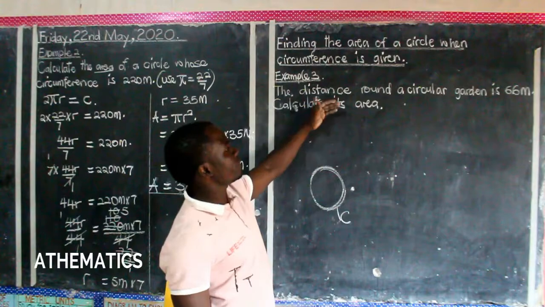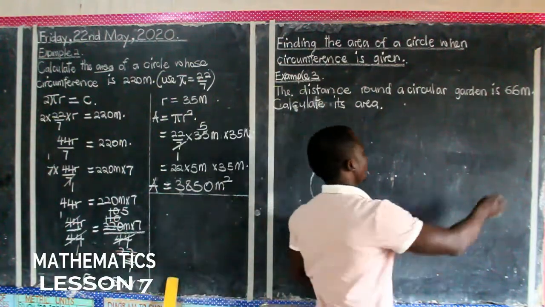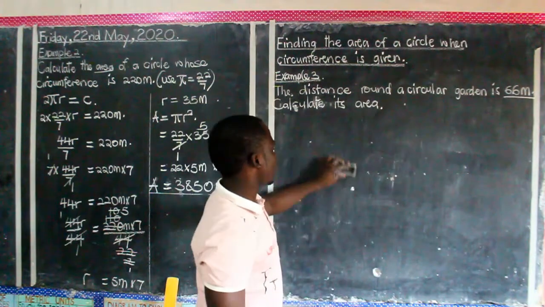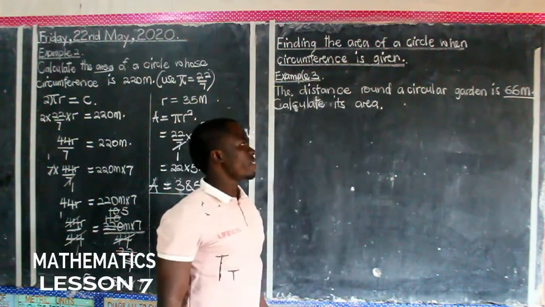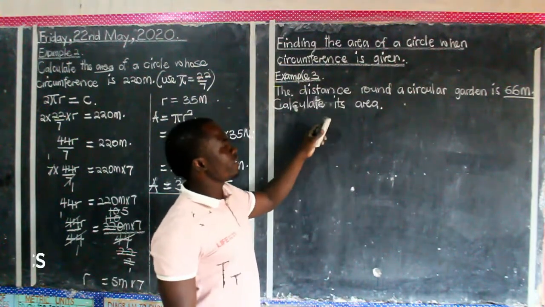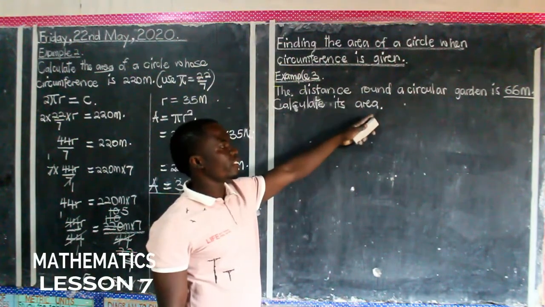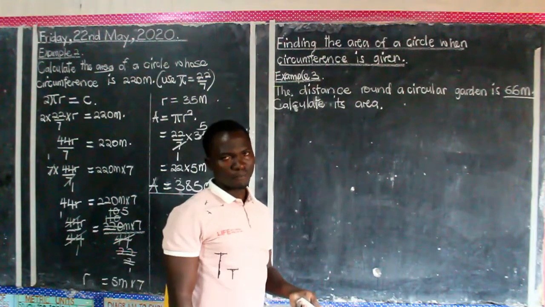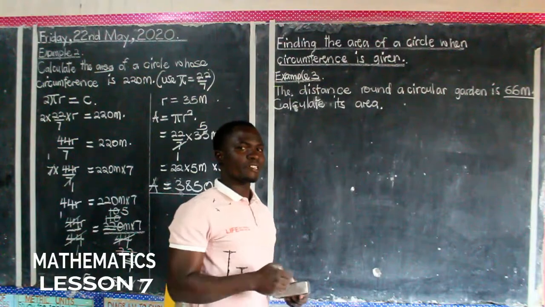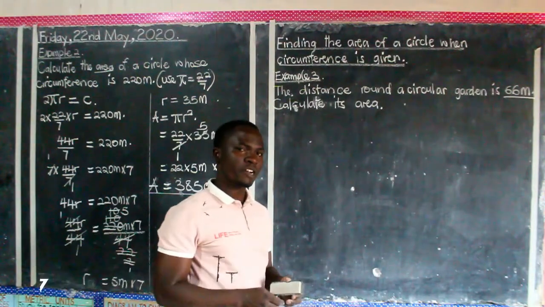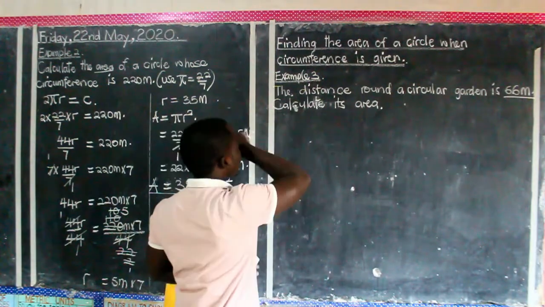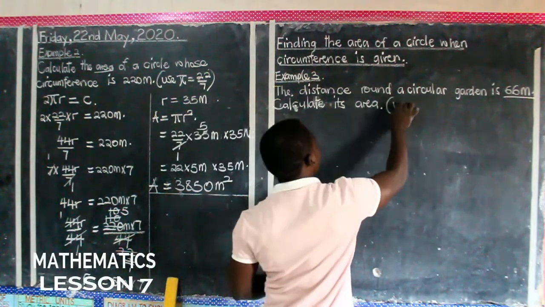They have given us the circumference of 66 meters, and they are asking you to find the area of that circular garden. There is no way you can get the area if you don't have the radius. So the first thing you are going to do is find the radius first, using the formula for circumference of the circle.